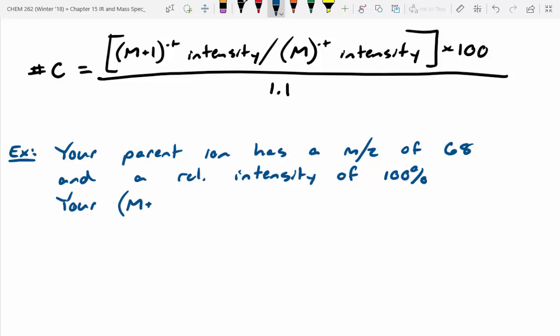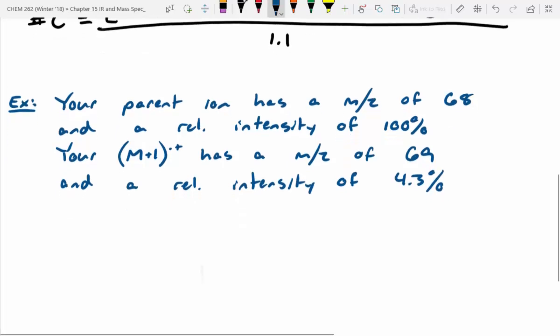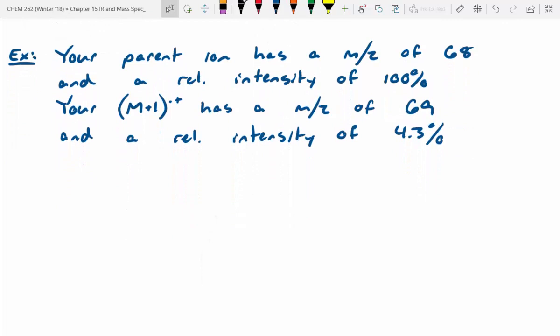Your mass plus 1 radical cation has a mass to charge ratio of obviously 69 because it's 1 more than our parent, and a relative intensity of 4.3%. All right, how many carbons does this unknown compound have?